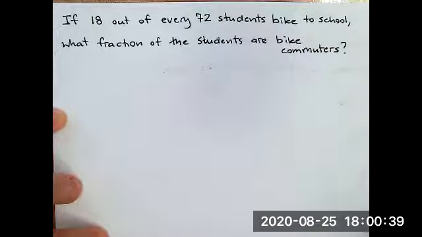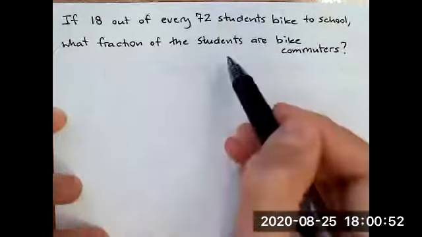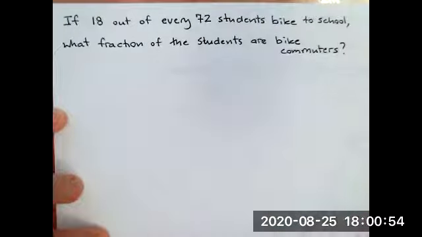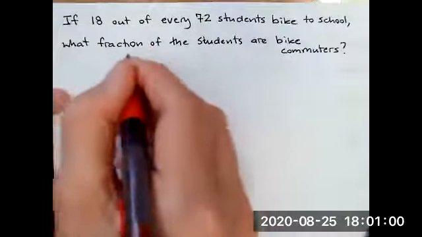So if 18 out of every 72 students bike to school, what fraction of the students are bike commuters? So the sentence we're going to translate is this one.